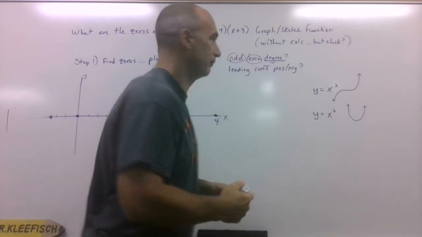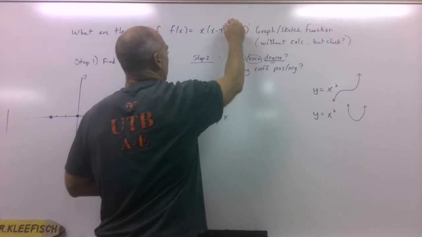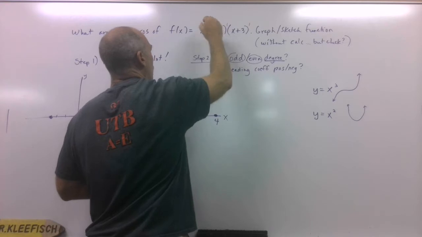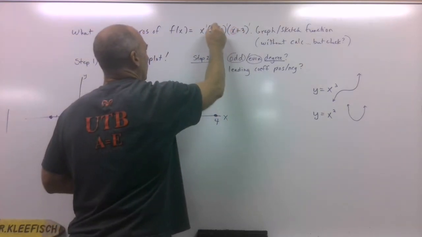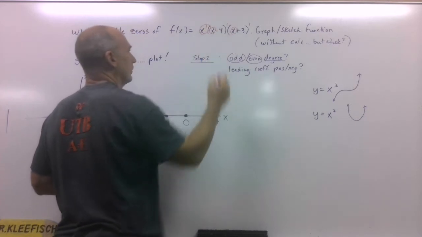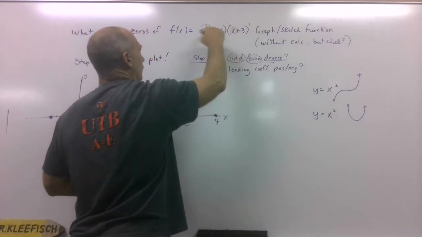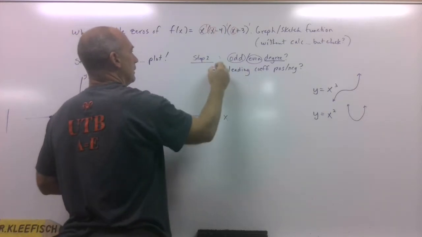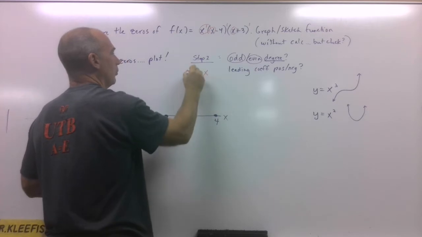Here's a shortcut. If I just look at this, there's a 1 there, there's a 1 there, and there's a 1 there. If I only look at this, this, and this, I would say, you know what, x to the first times x to the first times x to the first. If I look at that, it's x times x times x. Well, there's a 1, a 1, a 1.